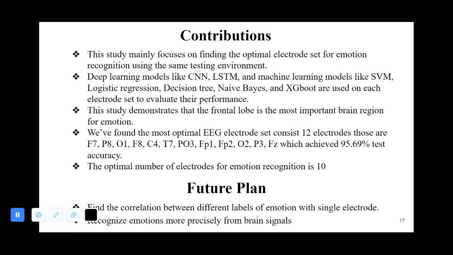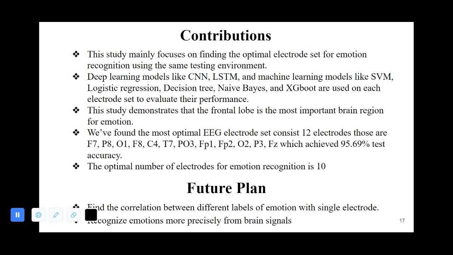This study mainly focuses on finding the optimal EEG electrode set for emotion recognition using the same testing environment. Deep learning models like CNN, LSTM, and machine learning models like SVM, logistic regression, decision tree, naive Bayes, and XGBoost are used on each electrode set to evaluate their performance. This study demonstrated that the frontal lobe is the most important brain region for emotion.